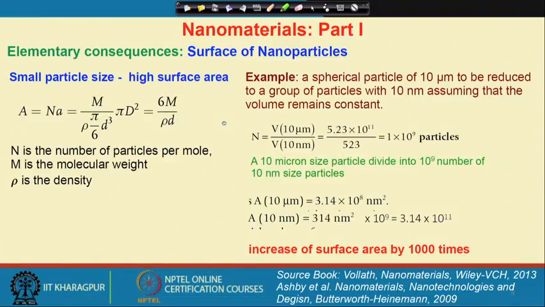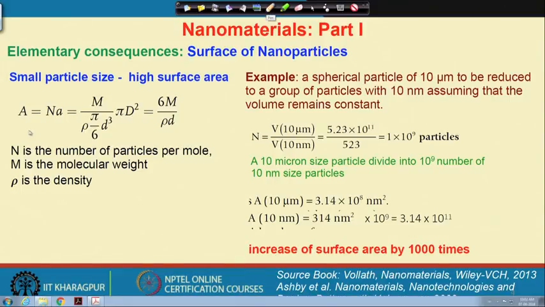Now, let us think about the surface area in terms of molecular weight or number of particles. How does it really affect? We can see here the net surface area with the number of particles per mole, and here A is the surface area of an individual particle.